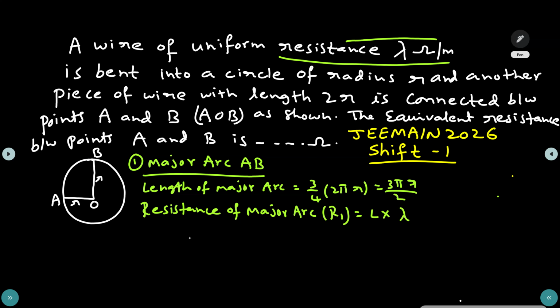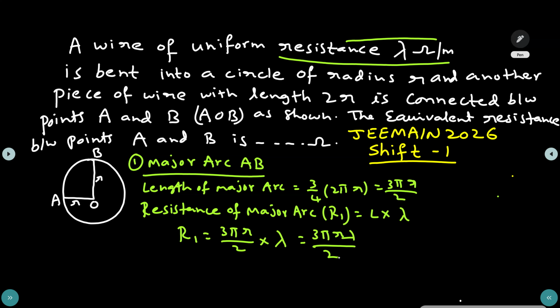L is nothing but the length of the major arc. So R1 is equal to 3 pi r lambda by 2.